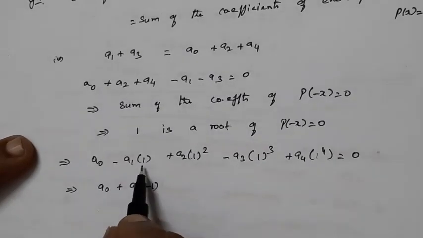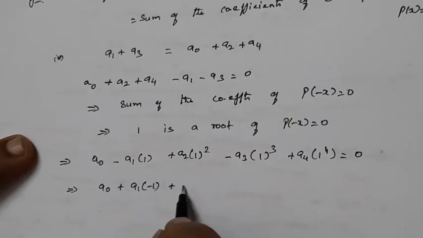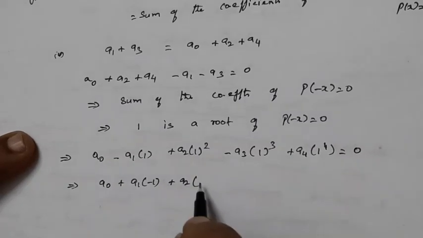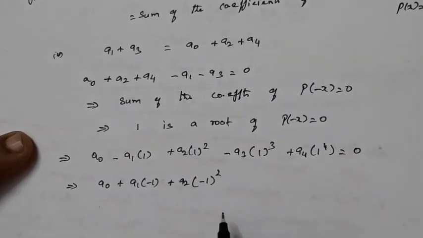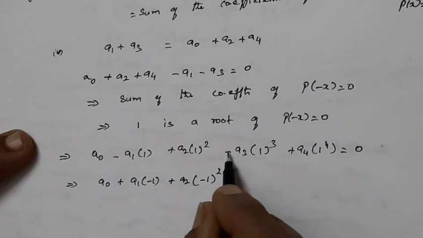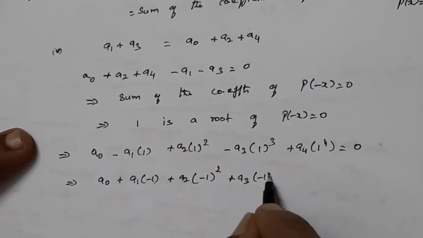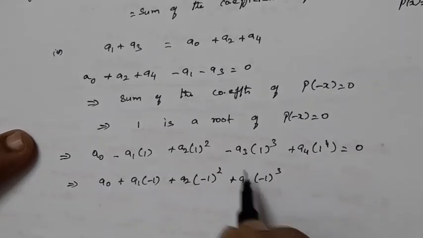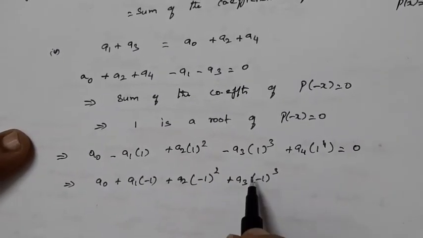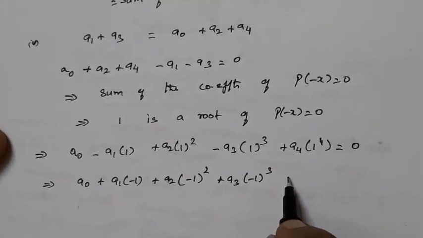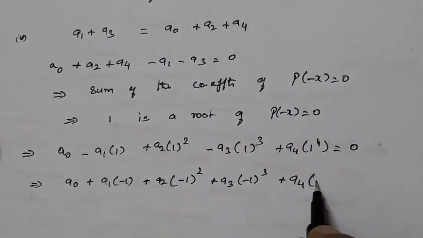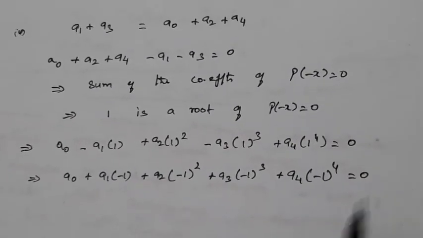I am going to move this minus inside. Okay. Then plus a2 into minus 1 the whole square. And then moving this minus inside, it will be minus 1 the whole cube, because minus 1 the whole cube is also equal to minus 1 cube. So, we can rewrite like this, and this would be plus a4 into minus 1 the whole power 4 is equal to 0.